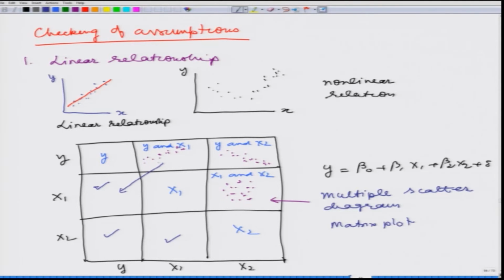So this and this will have the same picture, and similarly this and this will also have the same picture, and similarly this and this, with suitable modification in the trend. Okay, so this is about the checking of the assumption of linear relationship between x and y.